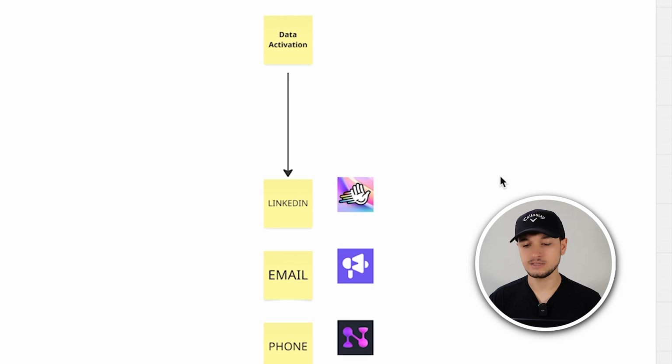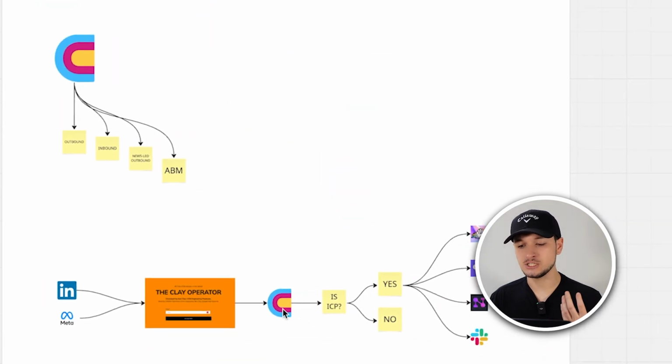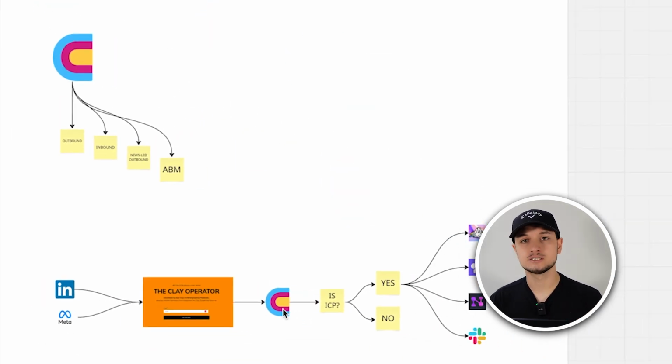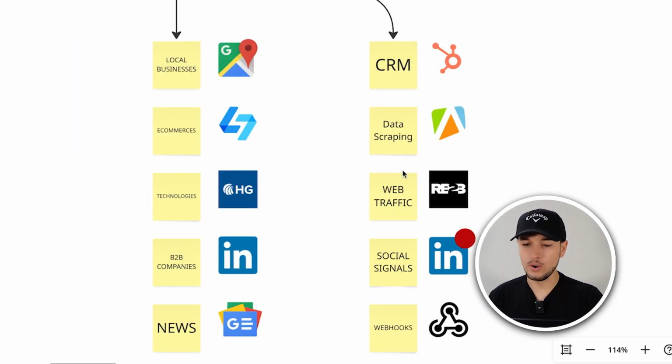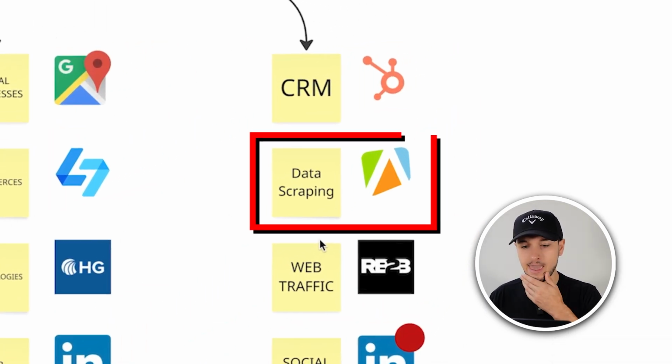Then comes data activation, where we make sense of all the data that we scraped and manipulated, to move it into something attached to revenue, such as a cold email or a notification that can activate marketing or the sales team to take action and hopefully generate revenue. Finally, we will see some more advanced tactics that are implemented in the fastest growing companies in the world. Let's go and start from scraping and list building.